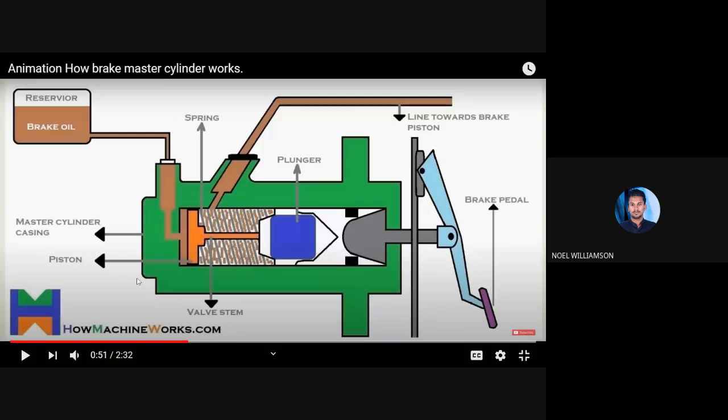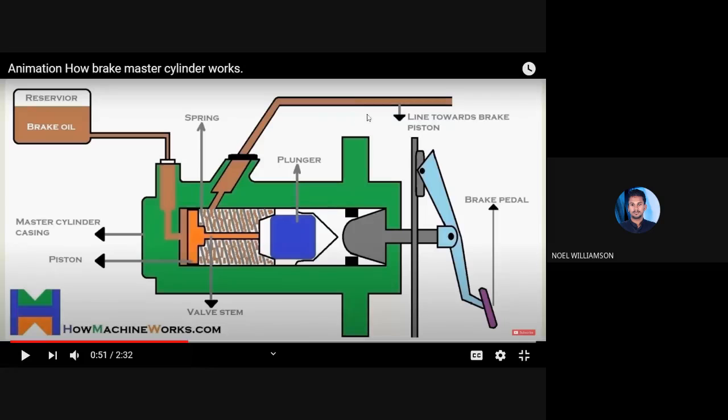Okay, ഇതൊക്കെയാണ് അതിൻ്റെ മെയിൻ കോമ്പണൻസ്. So here you can see the reservoir where the brake oil is placed or contained, and these are the plunger or piston. We will be discussing about piston. This is the piston, and your spring is provided here.